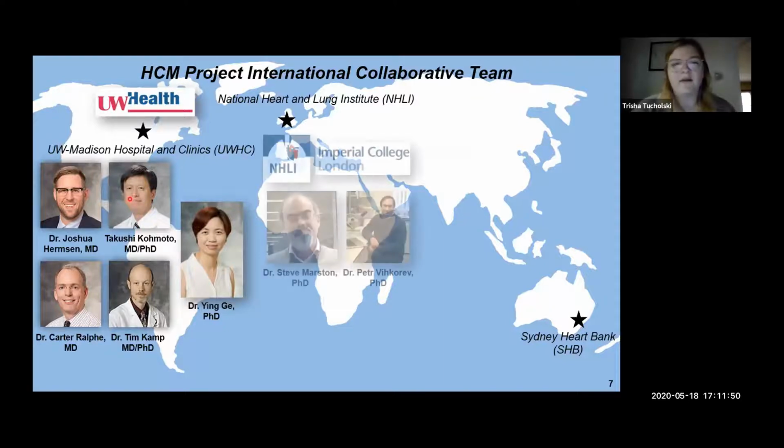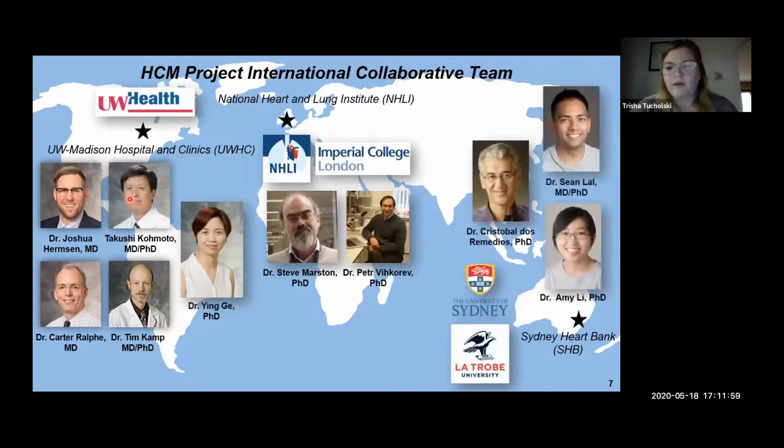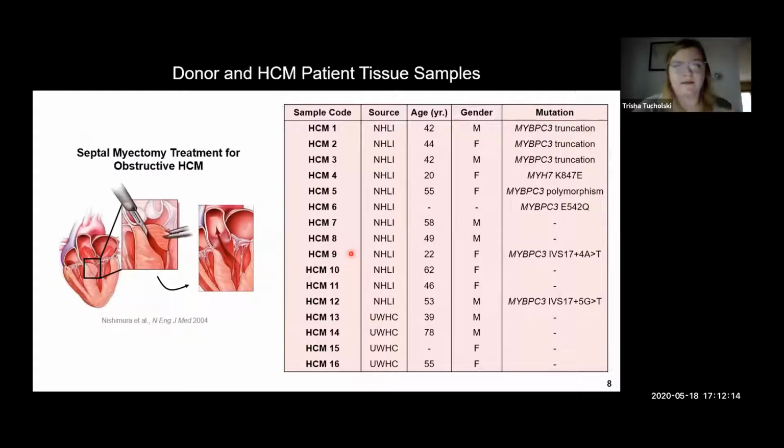We also collaborate with Dr. Steve Marston and Peter Vikarev from the National Heart and Lung Institute in London, and also we work with the Sydney Heart Bank in Sydney and Dr. Chris Dos Remedios and Sean Lau and Amy Lee. So we have this nice international team that we've worked together to collect tissue that we can analyze using our top-down proteomics methods to start to answer those questions that I was posing in the previous slide.